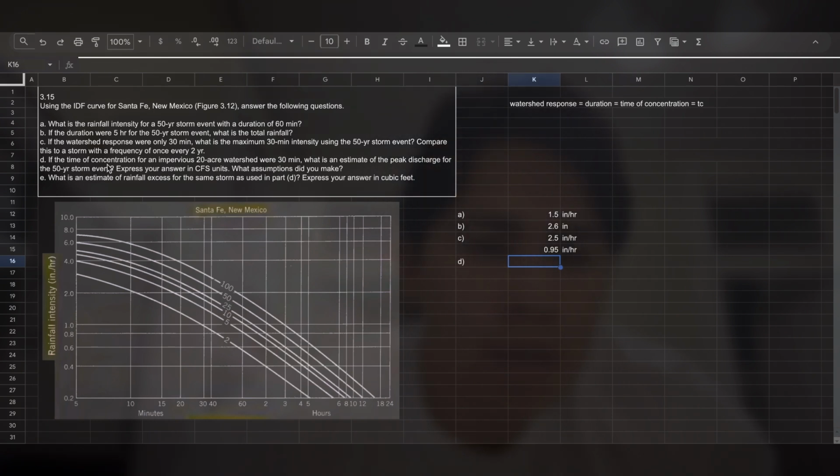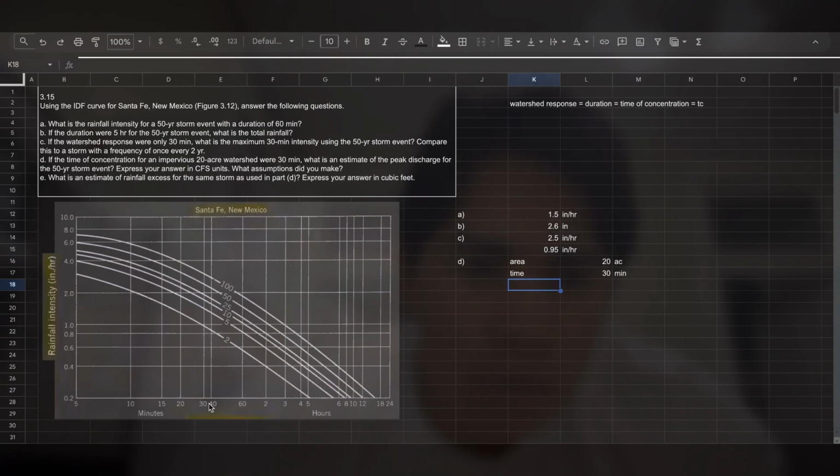Part D, if the time of concentration for an impervious 20-acre watershed were 30 minutes, so our area given is 20 acres, time 30 minutes. What is the estimate of the peak discharge for a 50-year storm event?